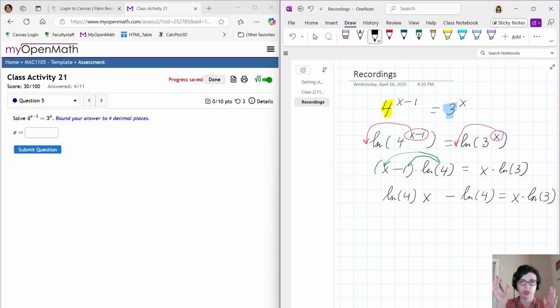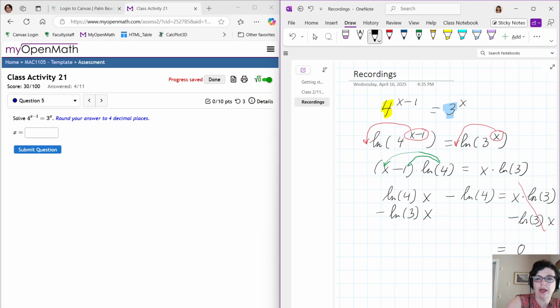Now we can see that we have variables on both sides. One of the sides should be the variable side, and one of the sides should be the number side. Here I have natural log of 4 times x, and here I have natural log of 3 times x. What I will do is subtract natural log of 3 x from both sides. It will cancel on the right-hand side, which means that there will be 0.